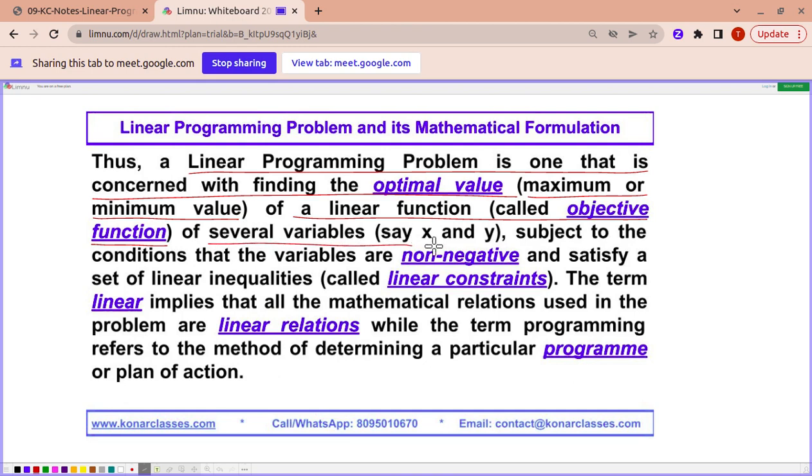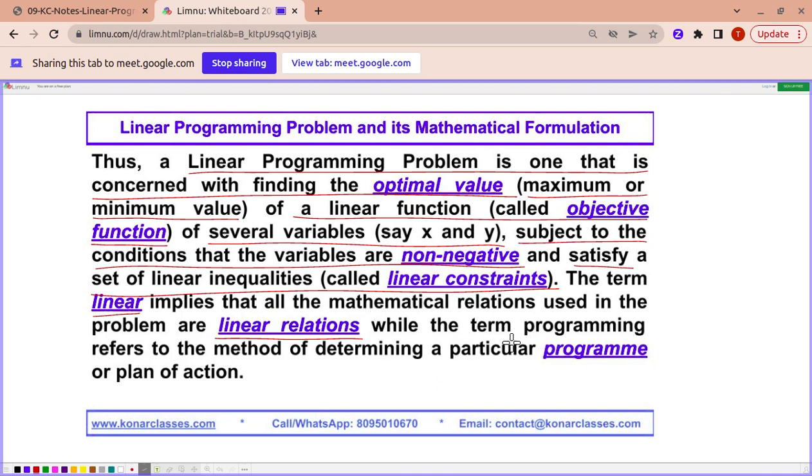In this case it will be two variables x and y, subject to the constraint conditions that the variables are non-negative and satisfy a set of linear inequalities called the linear constraints. The term linear implies that all the mathematical relations used in the problem are linear relations, be it the objective function, the non-negative constraint or a linear constraint. So, that is why it is called a linear programming problem.